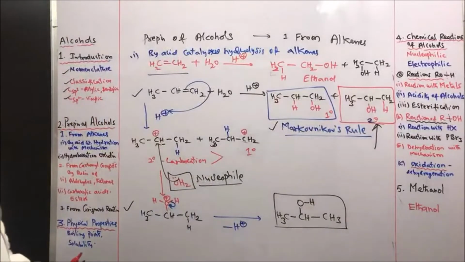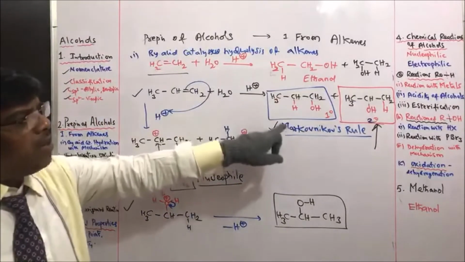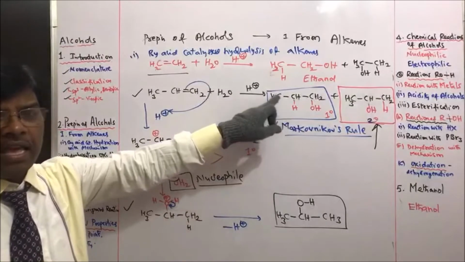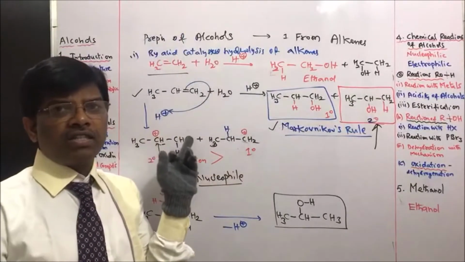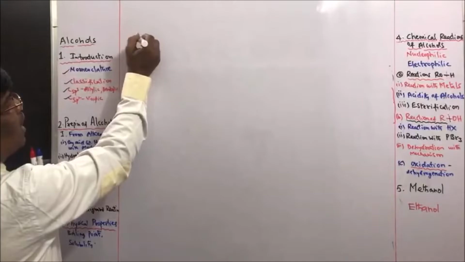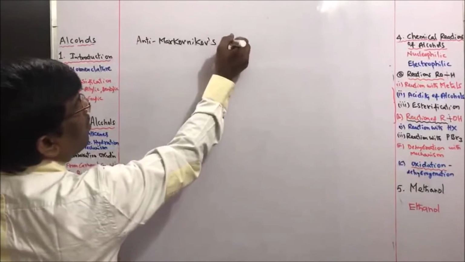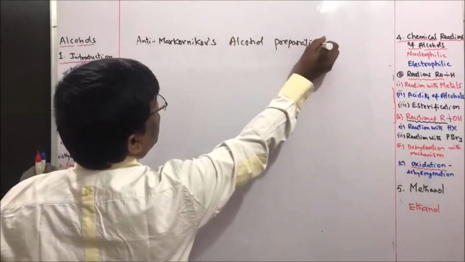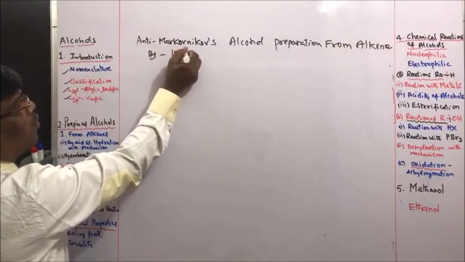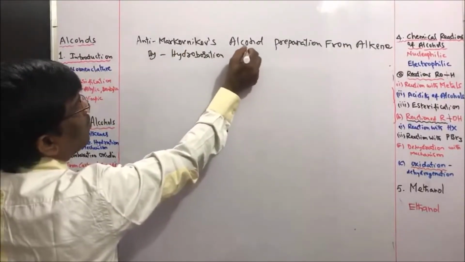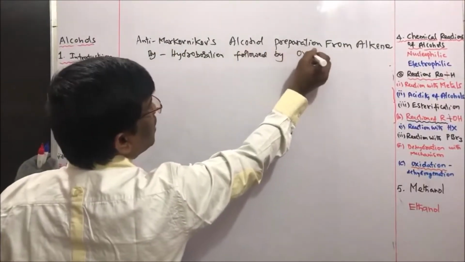Yes, students. The method to make anti-Markovnikov's alcohol is via hydroboration followed by oxidation. Anti-Markovnikov's alcohol preparation from alkene by hydroboration followed by oxidation.